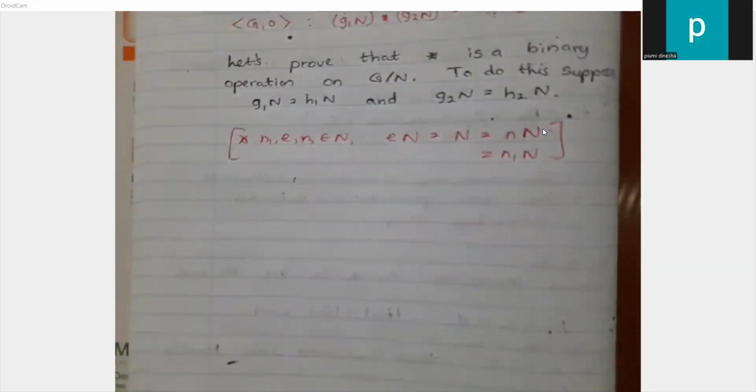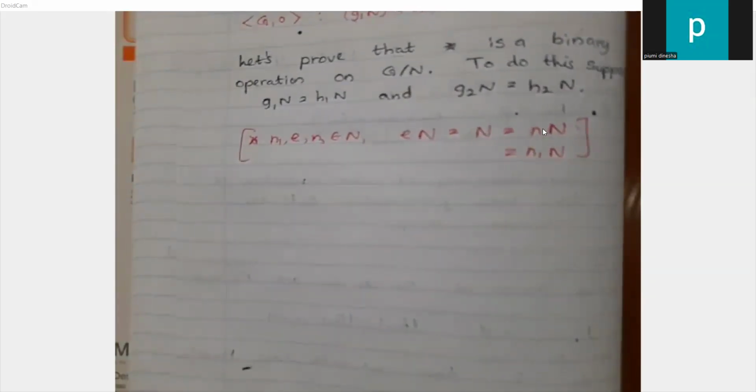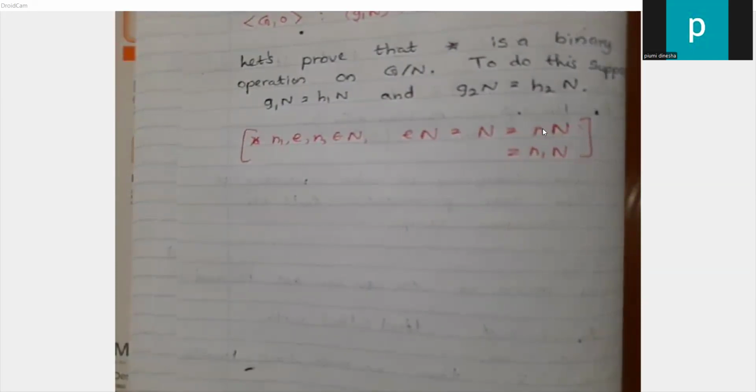So what are we going to prove over here? We are going to say that even though you take different representatives and different representations for the same coset, once you apply the binary operation, you should get the same thing, right? You should get the same thing if this is a real binary operation. In other words, we are writing the same coset using different representatives.